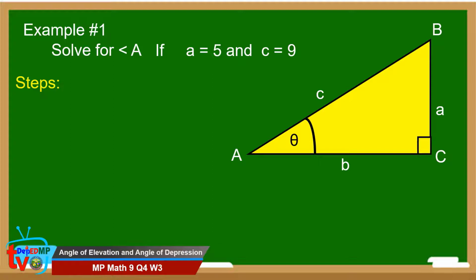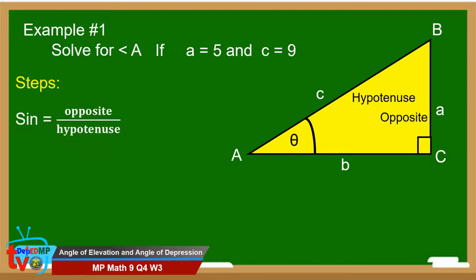Which among the trigonometric ratios will you use? Is it sine, cosine, or tangent? Very good. So we will use sine, since the given sides are the opposite side and the hypotenuse side. That means the solution is sine equals the opposite side over the hypotenuse.